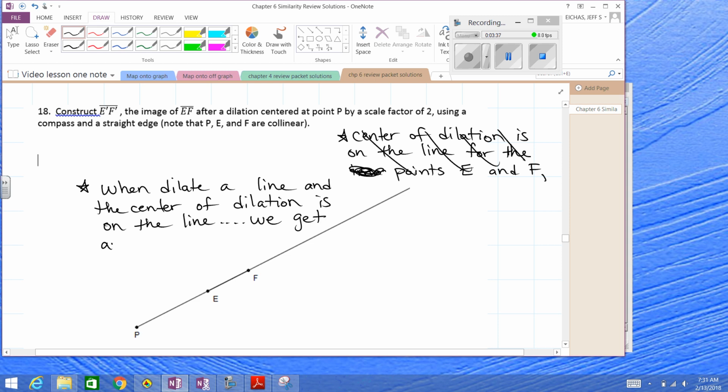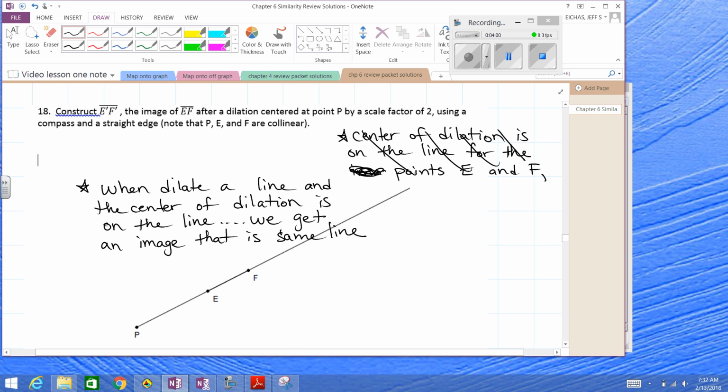We get an image that is the same line. Now, the individual points E and F will change. Okay, now we can't freehand this, we can't guess it. I'm going to just estimate it here, but then show you on Geometry Sketchpad exactly what we've got to do.